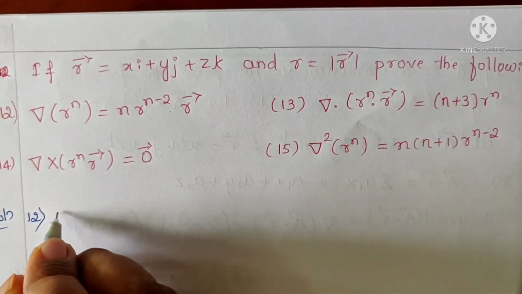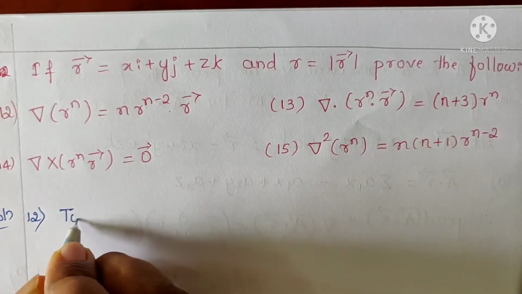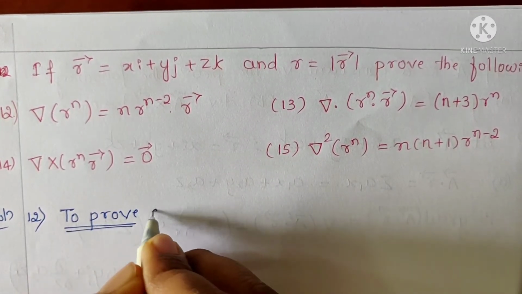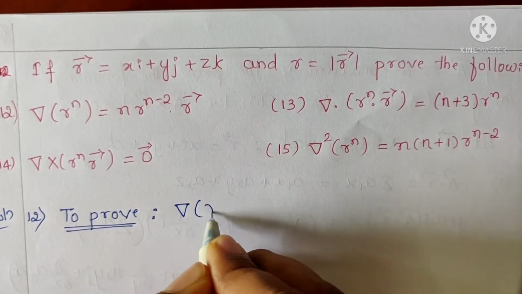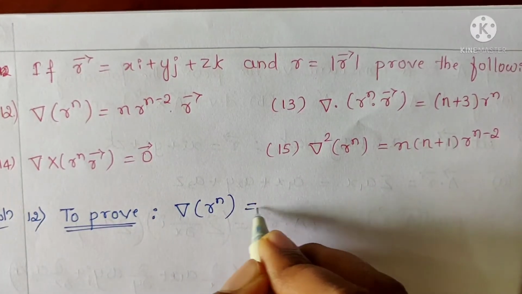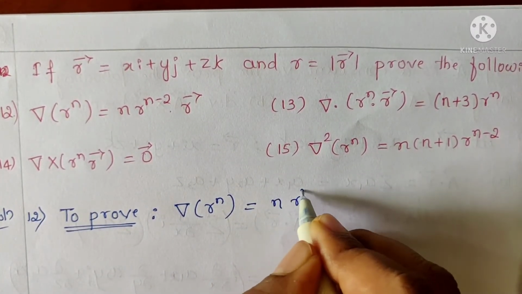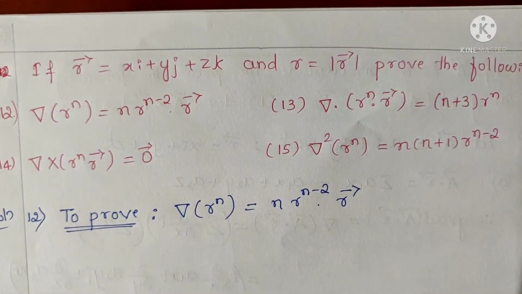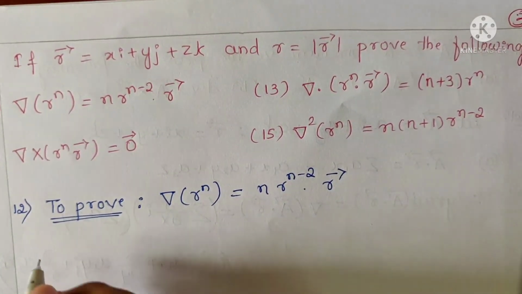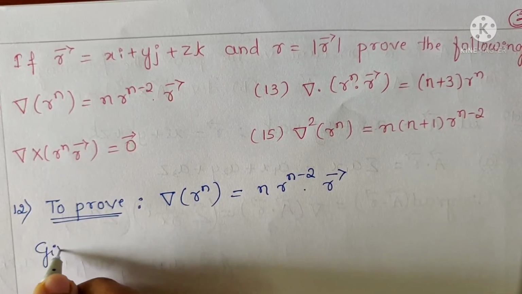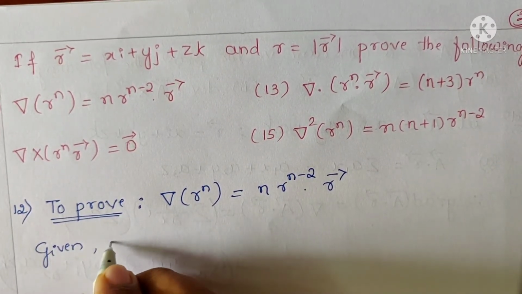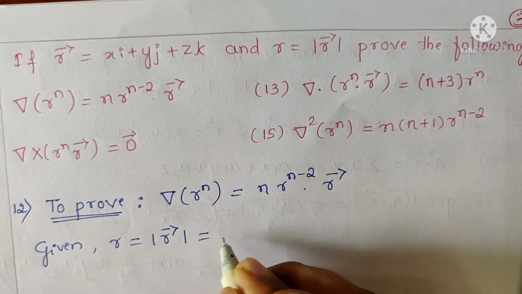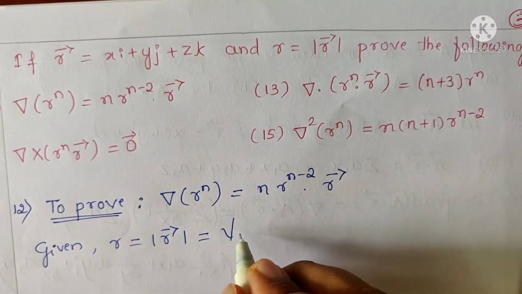So what is asked to prove: del of r raised to n is equal to n into r raised to n minus 2 into vector r. So what is given? Given r is equal to magnitude of vector r, that is r is xi plus yj plus zk.